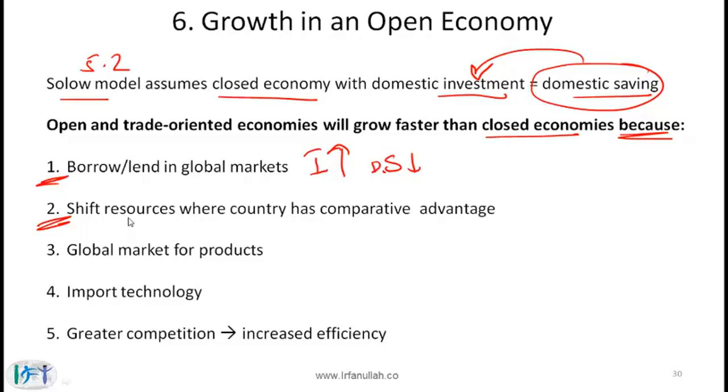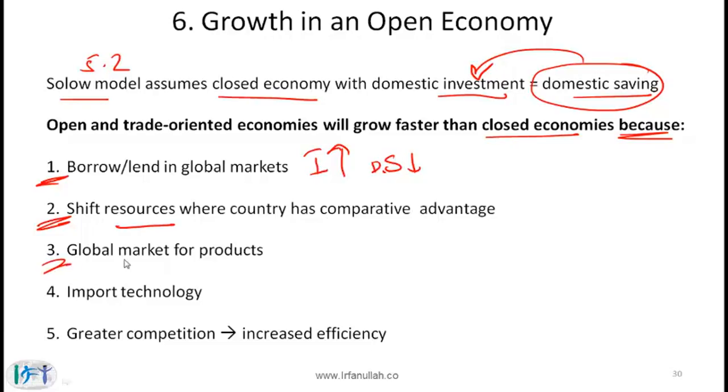Why? Because in an open economy, resources will be shifted to industries where a country has comparative advantage. So if a country has a comparative advantage in agricultural products, then more resources will be shifted into that industry, and in other words, resources are then being used more efficiently.